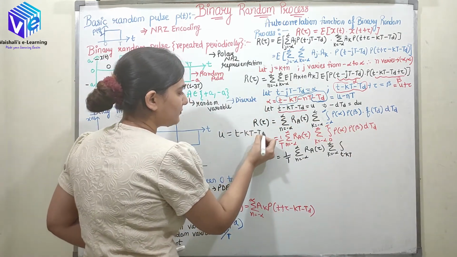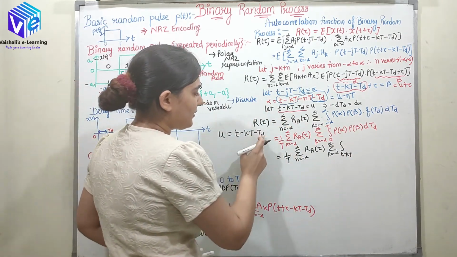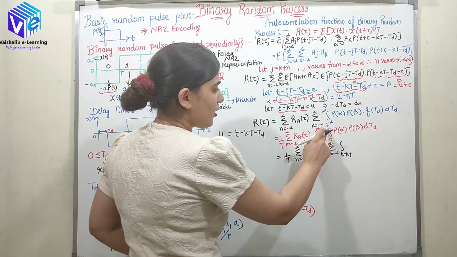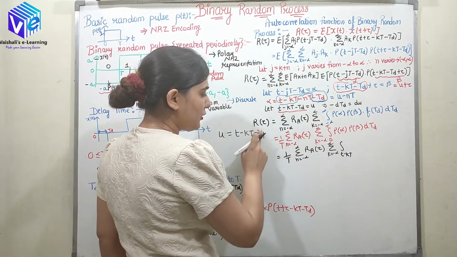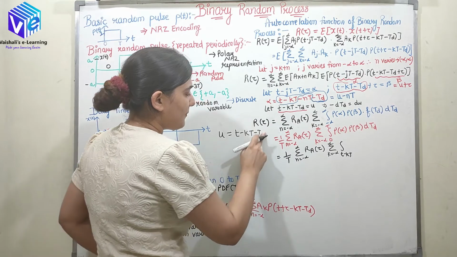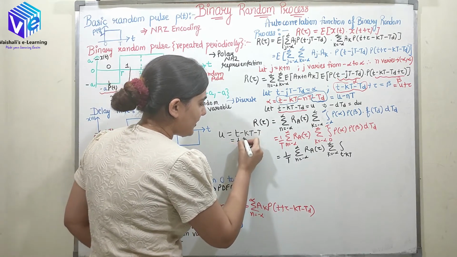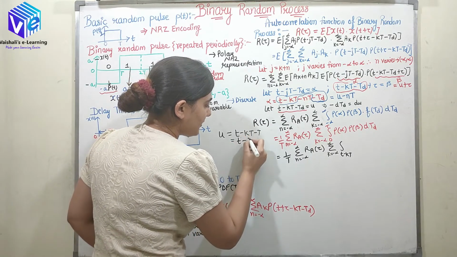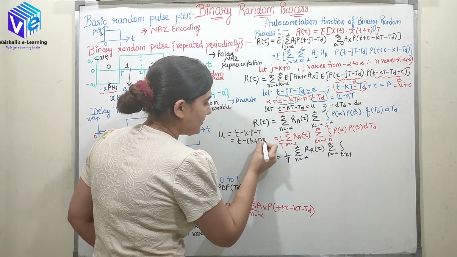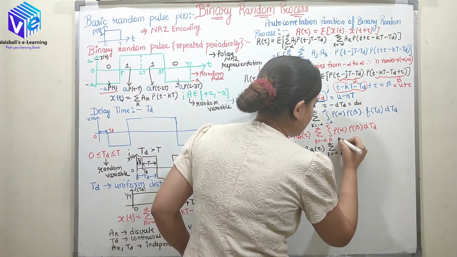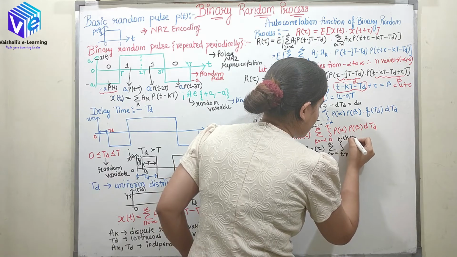Again, let's put TD equal to capital T for the upper limit. When I put TD equal to T, I have T minus (k+1)T.